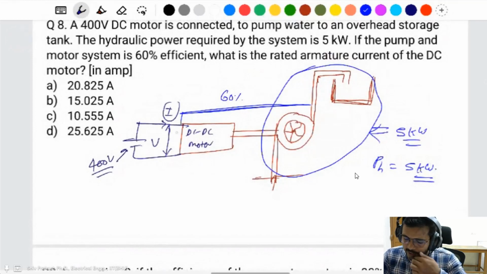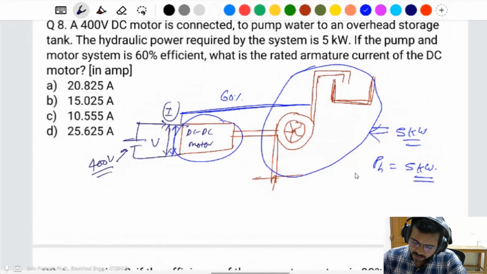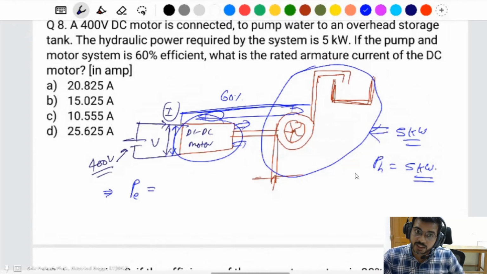It means if we calculate the power input to the motor, then we can calculate the current. Then what is the input power? Electrical power. There is the output power of the motor, but what is given is the motor plus water pump, both efficiencies included, which is 60% only.